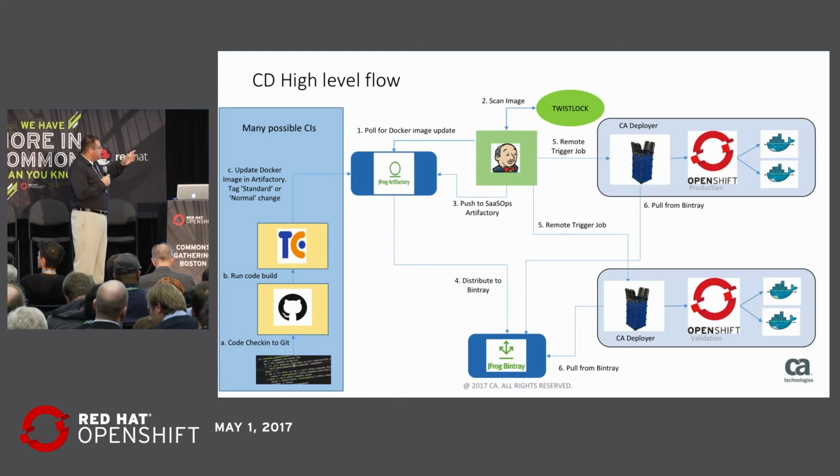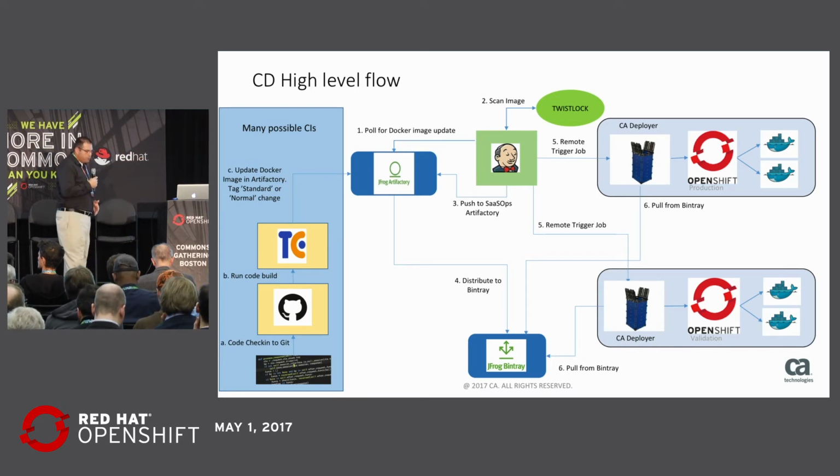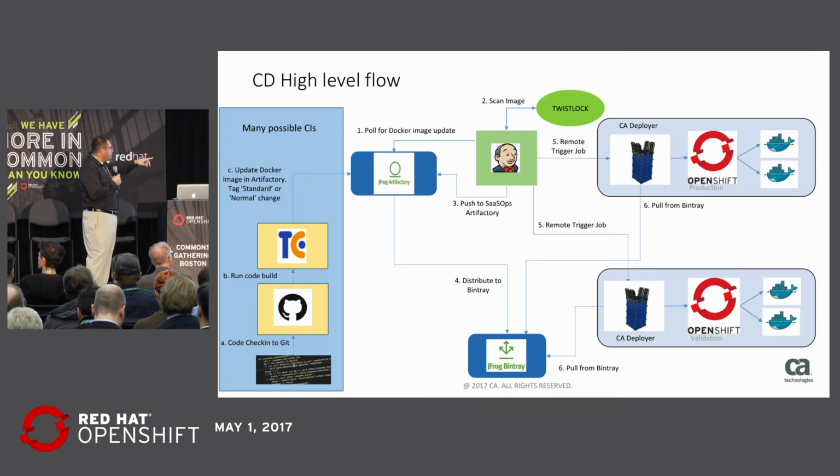If it fails, it generates a report, and we'll notify the appropriate development team to patch those up. If it passes, it'll then push into the SaaS-specific location in the Artifactory that we use.